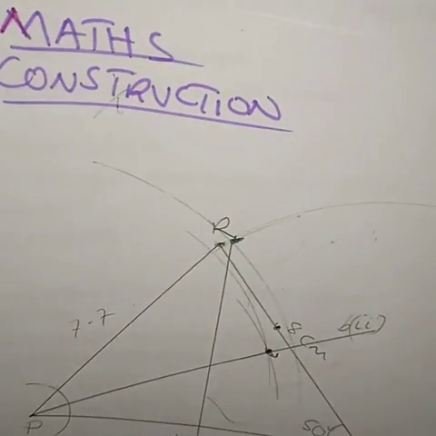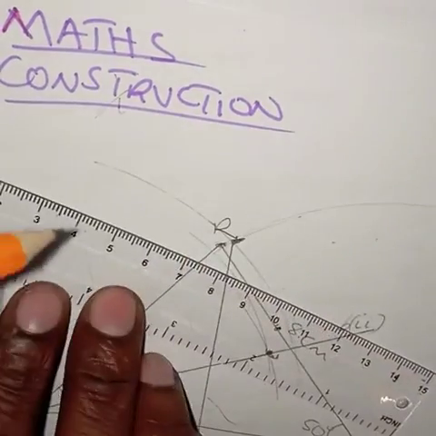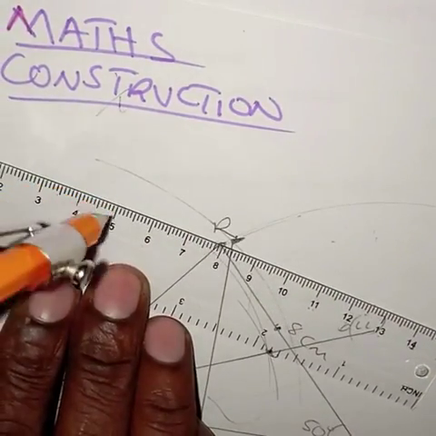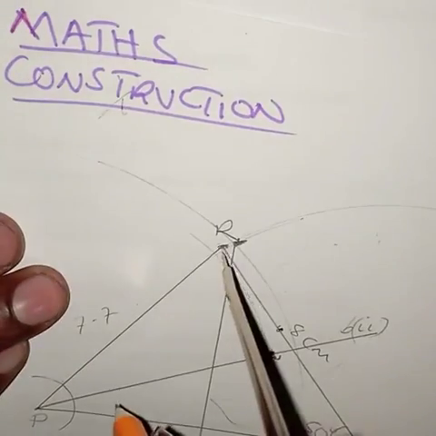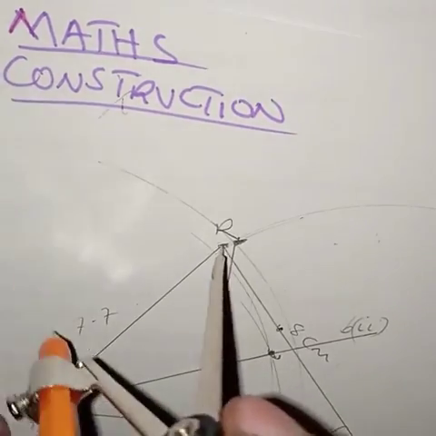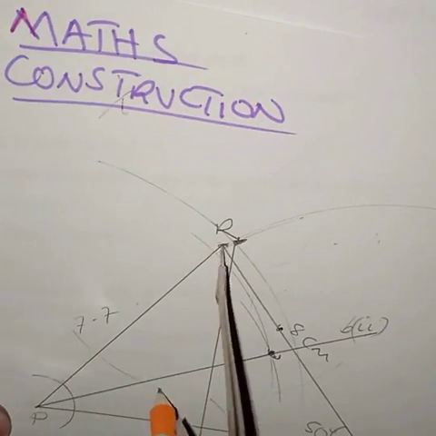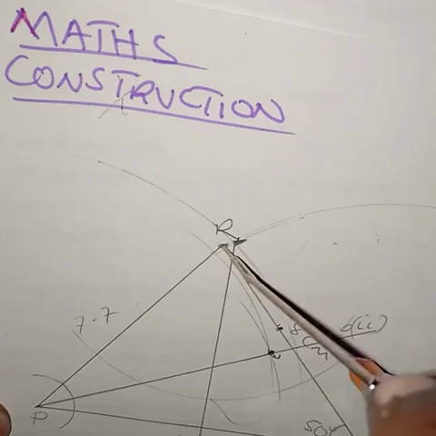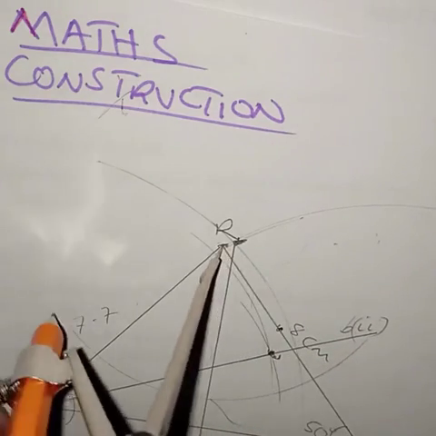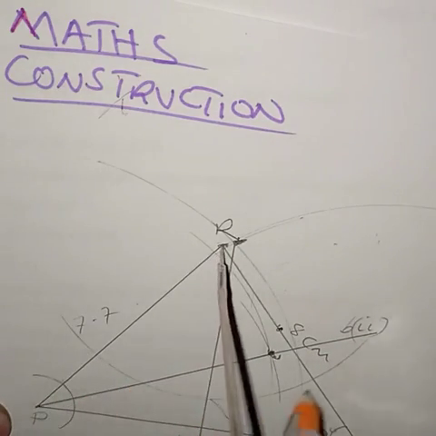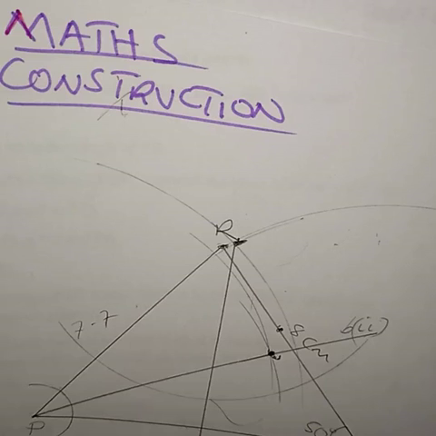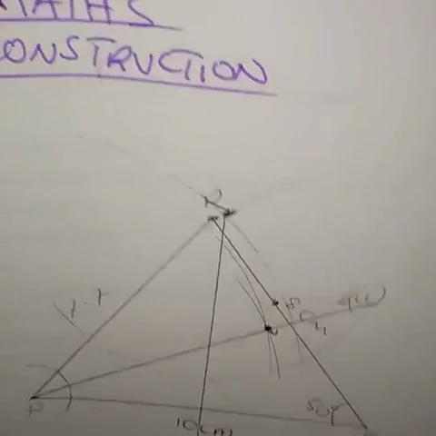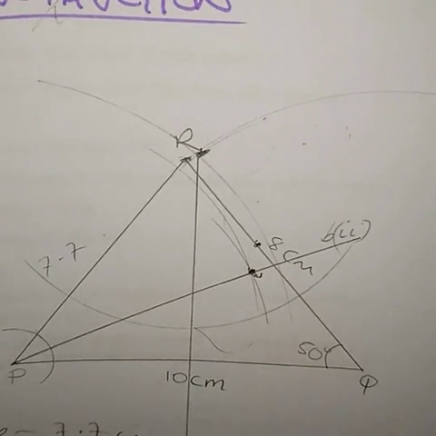I measure again. Did it move? No, it's okay. So I go on R and measure and draw the locus 5. You see that? So that's a locus of points which is 5 centimeters from R. Remember this. I can erase this. It's not necessary.